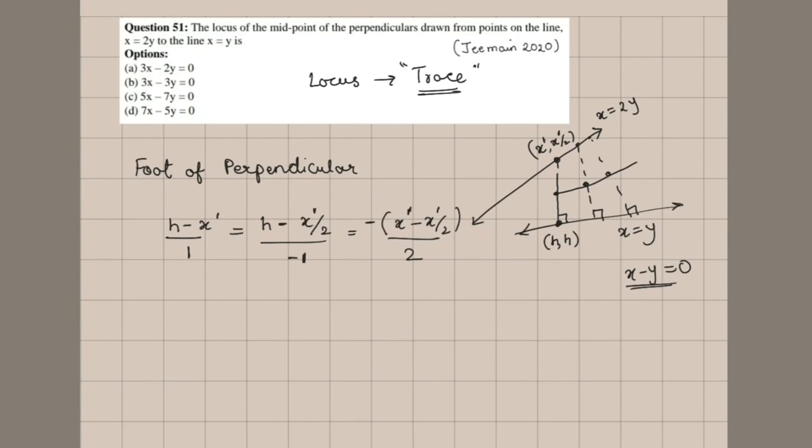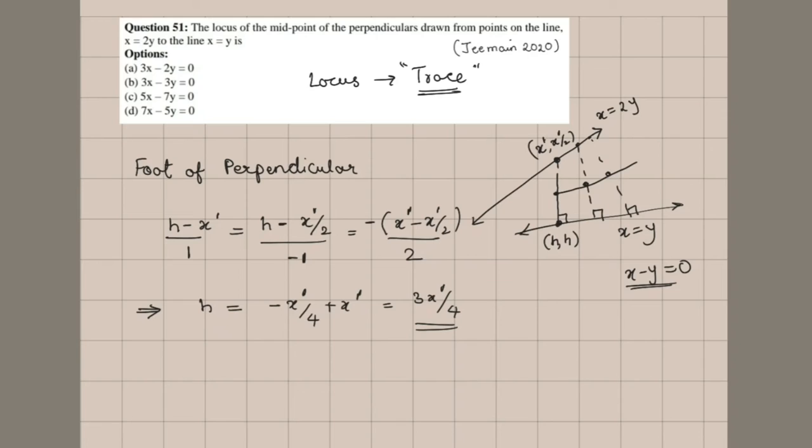This is discussed in lecture 7, where I have discussed the foot of the perpendicular. If you don't know, do watch. Which gives h equals x dash by 2 minus x dash by 4 plus x dash, which equals 3x dash by 4.